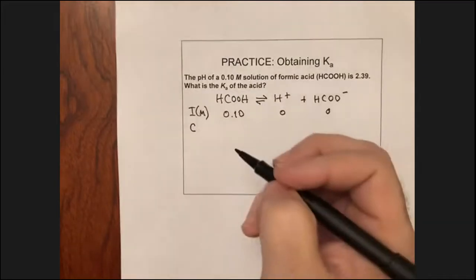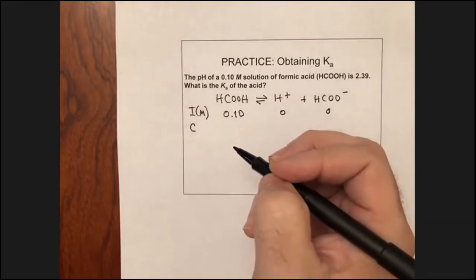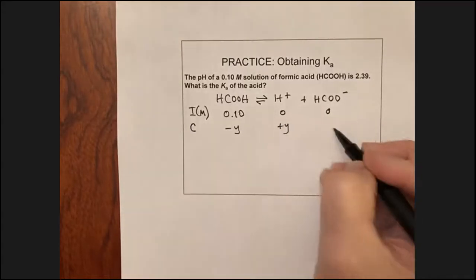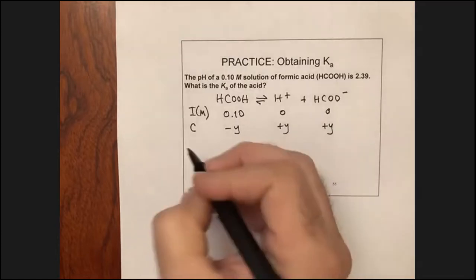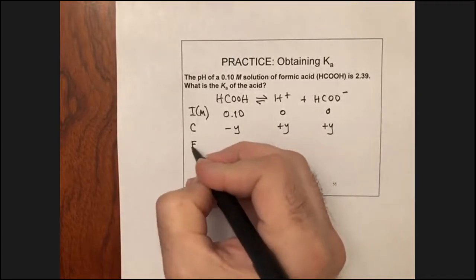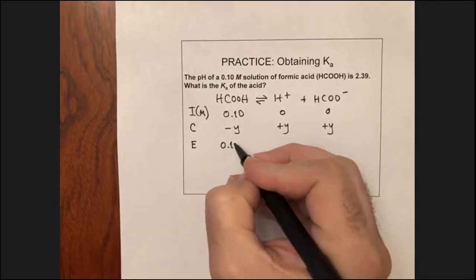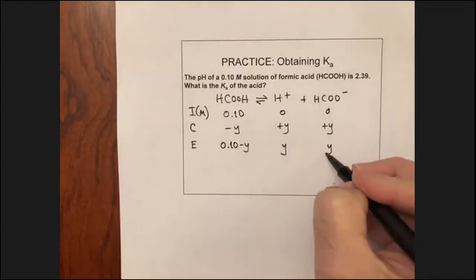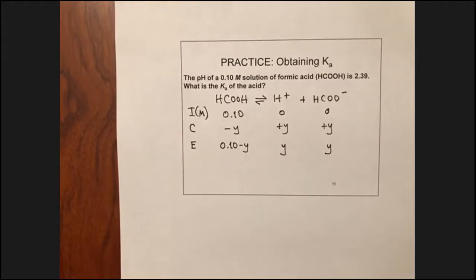Again, I'm going to use Y. And then at the end of the process, we'll have 0.10 minus Y, Y, and Y. Okay? Now, the difference in this case is we know what the value of Y is.